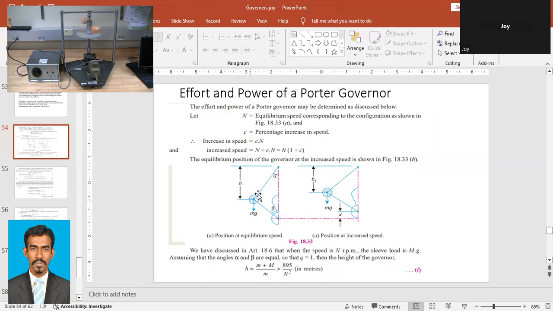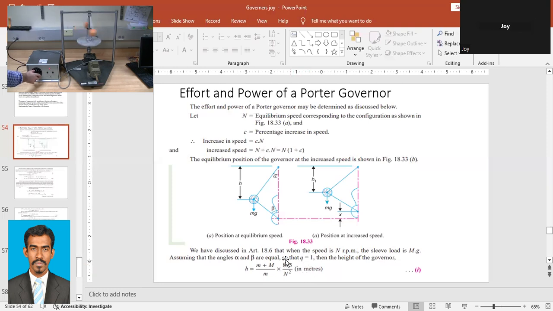We know for a Porter governor, the height h is equal to (m plus M) by m into 895 by N squared. Small m is the mass of the ball, capital M is the mass of the central load, and N is the equilibrium speed. Assuming the angles alpha and beta are equal, otherwise we would have 1 plus q here.